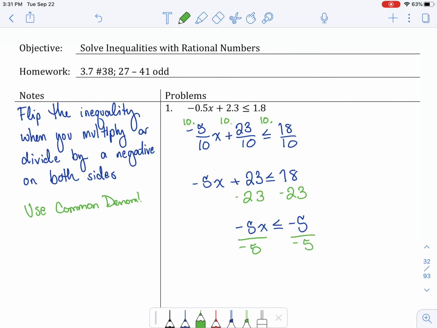Since we are dividing, and we've got a negative on both sides here, then we need to flip the sign. It's going to become greater than, and then x by itself, negative 5 divided by negative 5 is positive 1. So x is greater than or equal to positive 1.